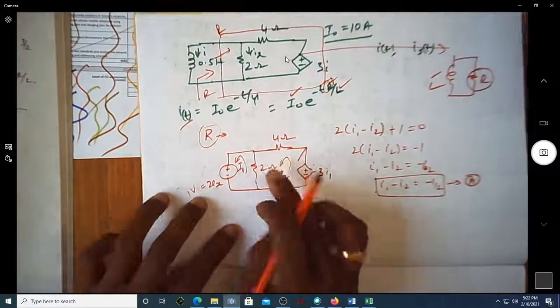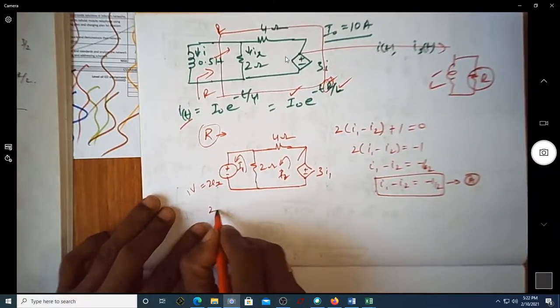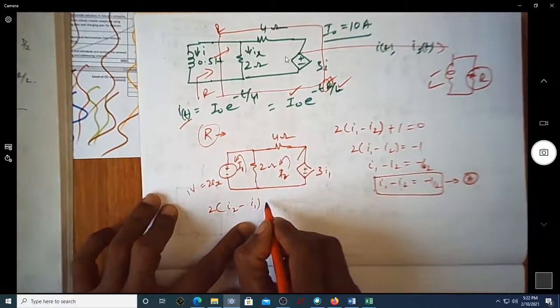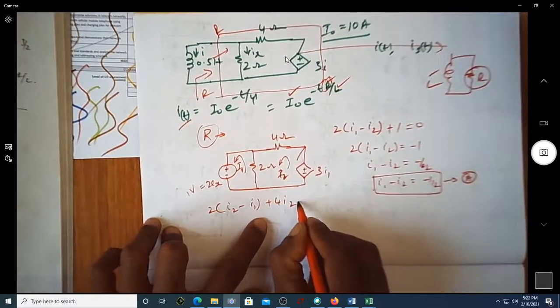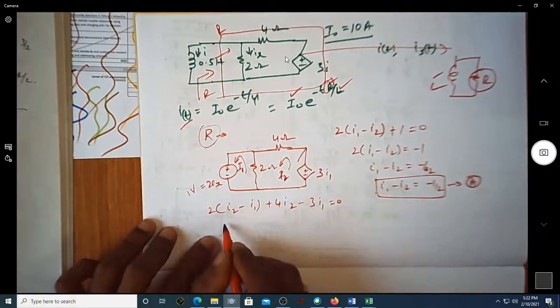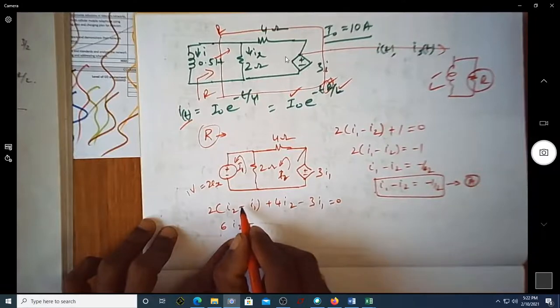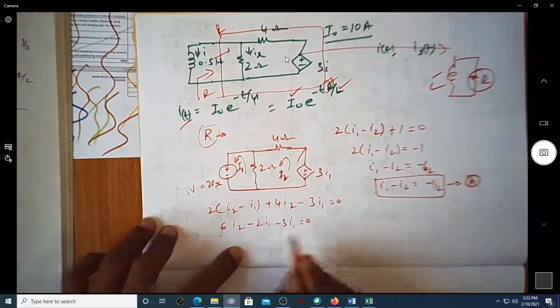Let us write the loop equation for the second loop: 2 into (I2 minus I1), plus 4 I2, minus 3 I1, equal to 0. This becomes 6 I2 minus 2 I1 minus 3 I1 equal to 0.